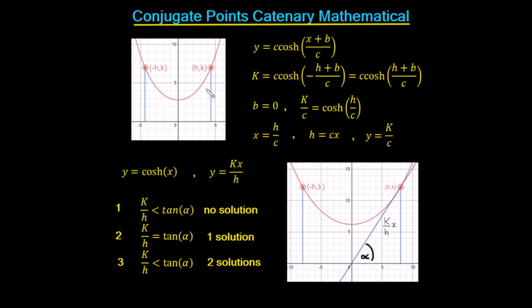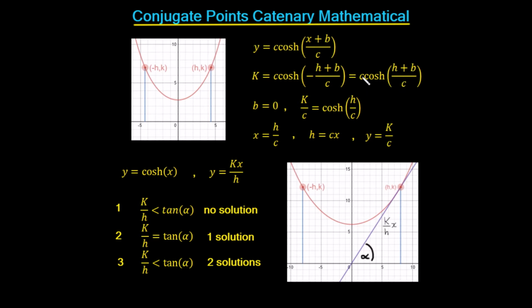So it means that if we were to pick a point here for our x, let's say we call it h, then we're going to have the same point minus h along here, and it's going to give us some value for the y value k. So we could write this out as the k point, which is the height, which is the y, is equal to c cosh of (minus h plus b) upon c, but that's going to give us the exact same height if we put in plus h plus b upon c.